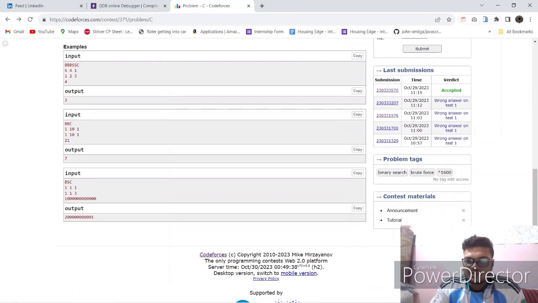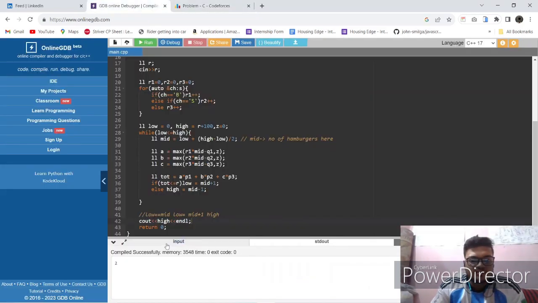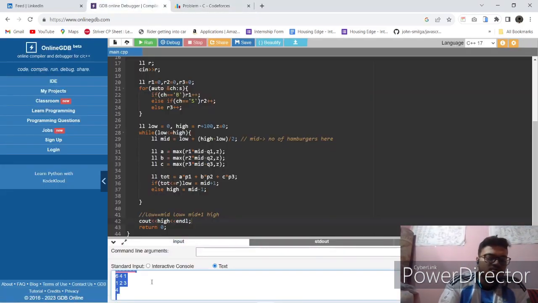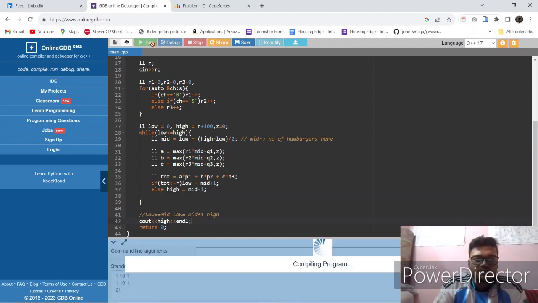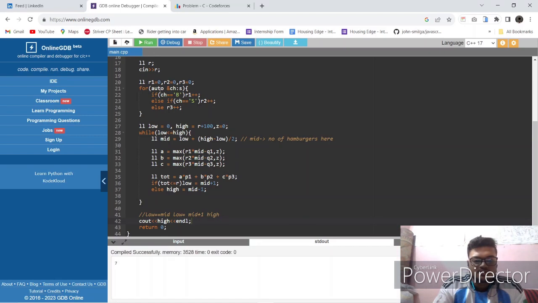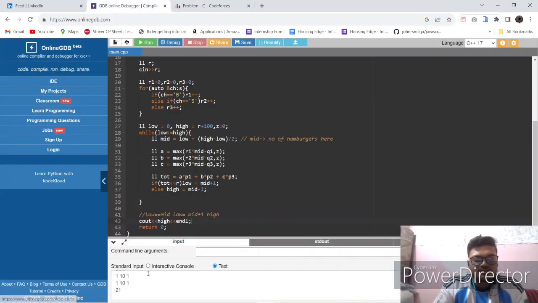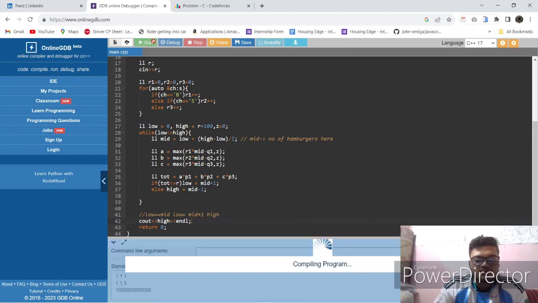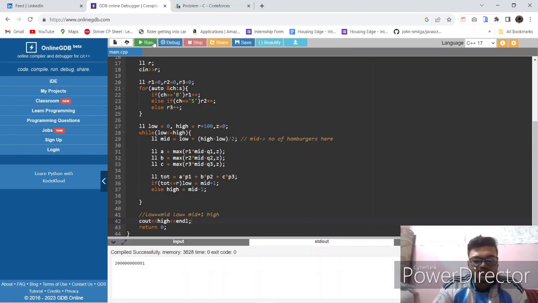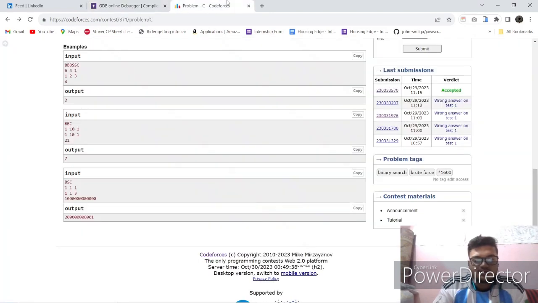Let's take the second example and run the code. So 7, yeah, 7. Let's set the final input, sorry, and paste it here. Yes, we are getting the results here.